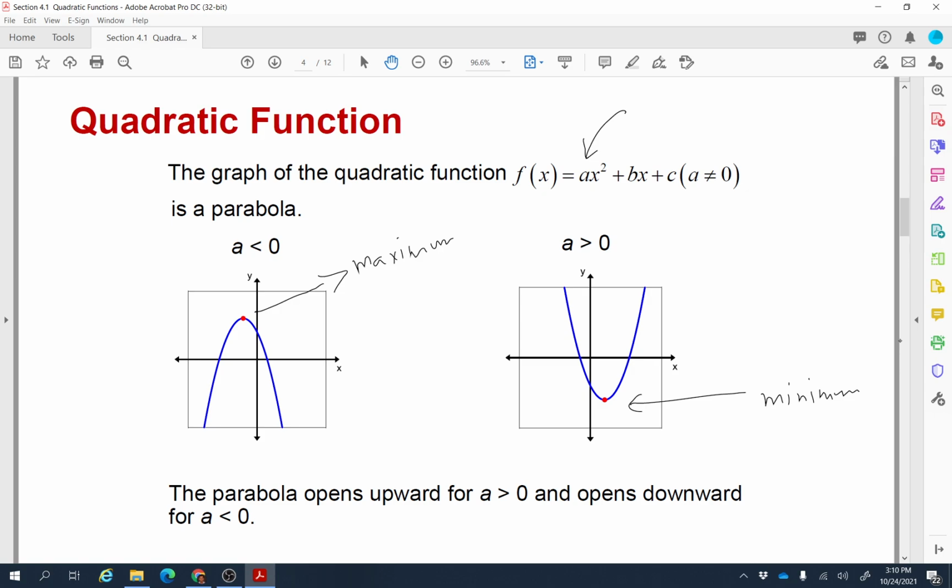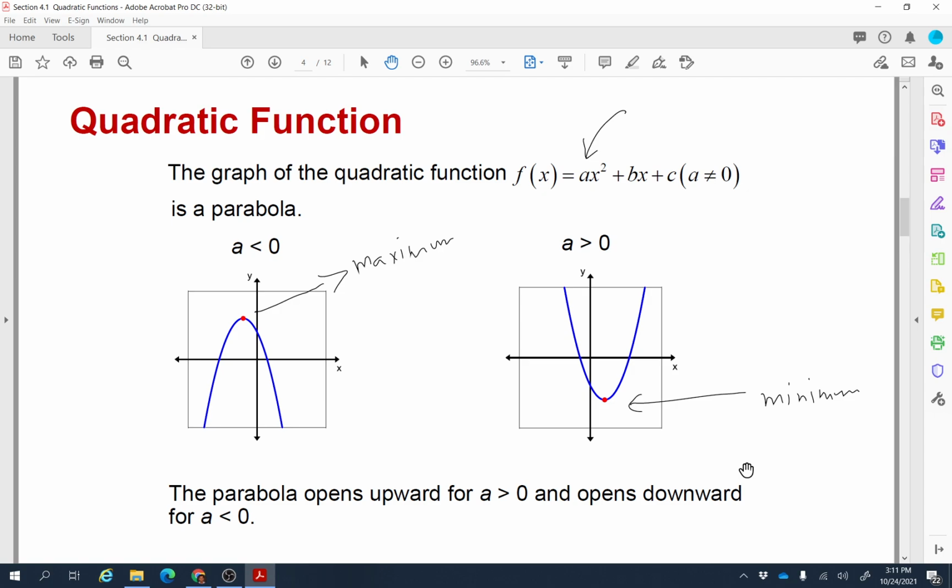So if we model a real life problem using a quadratic function, we will be able to find either the maximum or minimum value of that function. Finding a maximum or minimum value is very applicable in our real life.